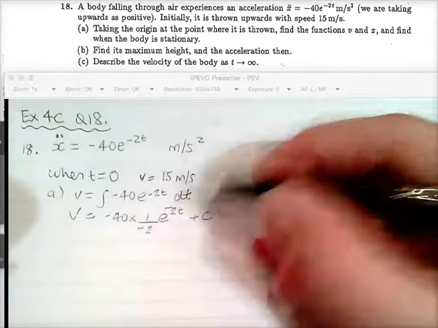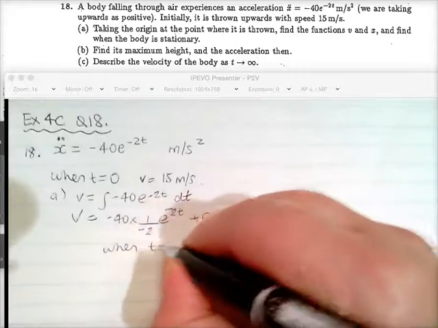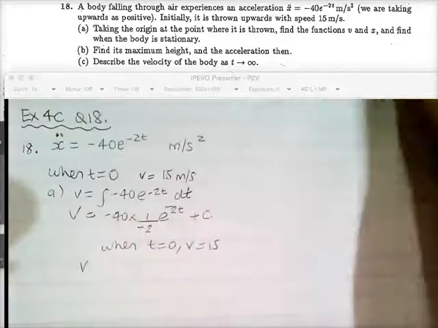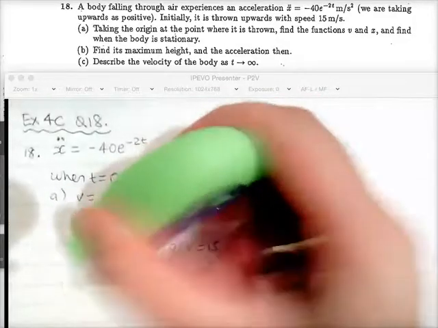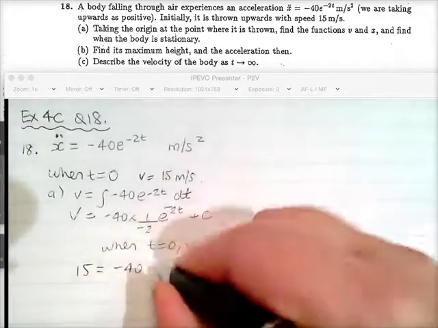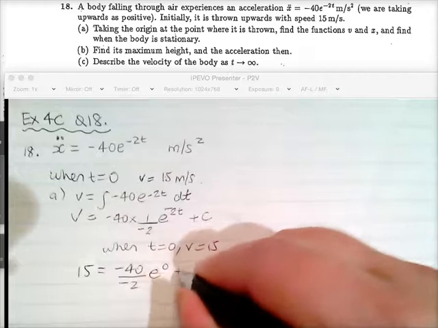And when t equals 0, v is 15, therefore 15 equals -40 over -2 times e^0 plus c.